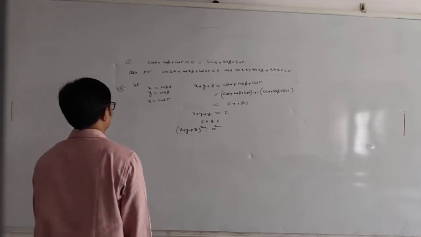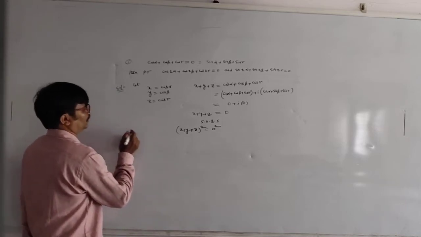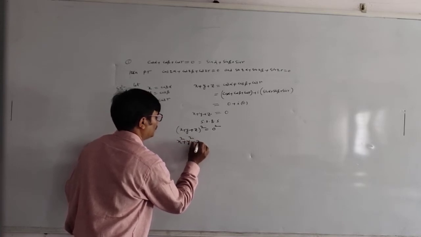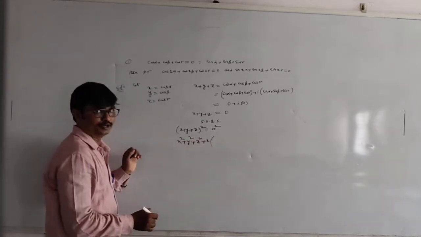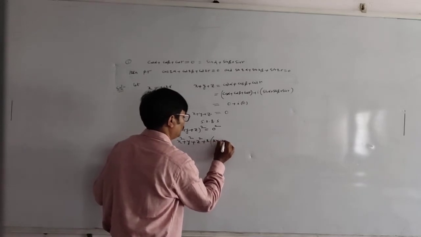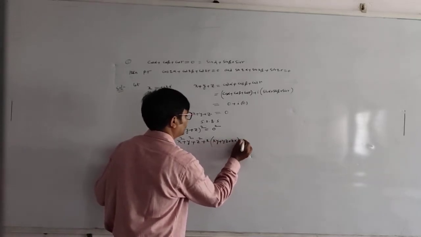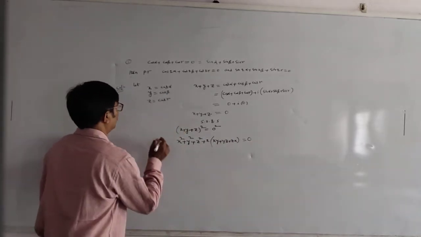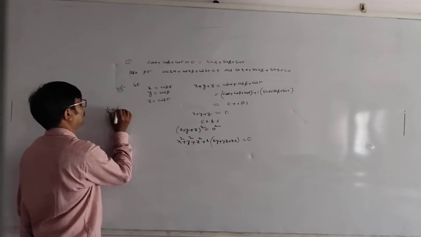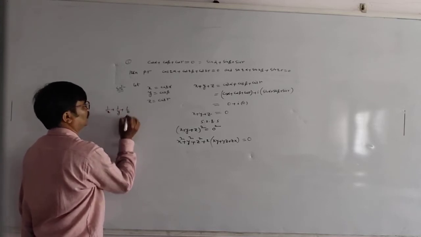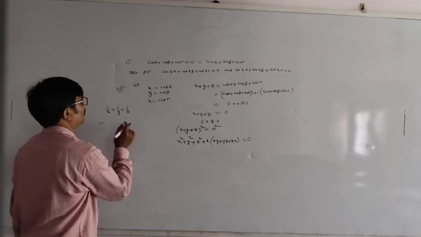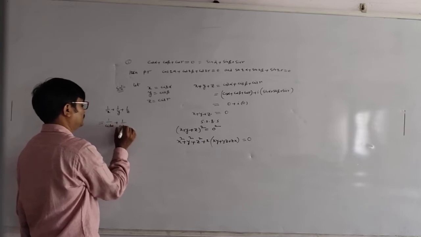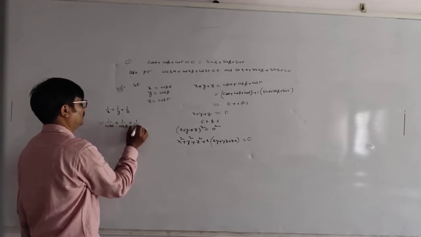One more thing, students: when we square both sides, x square plus y square plus z square plus 2 into xy plus yz plus zx, equals 0 square, that is 0. Dear students, how can we write 1 by x, 1 by y, 1 by z? 1 by x is 1 by cis alpha, 1 by cis beta, 1 by cis gamma.